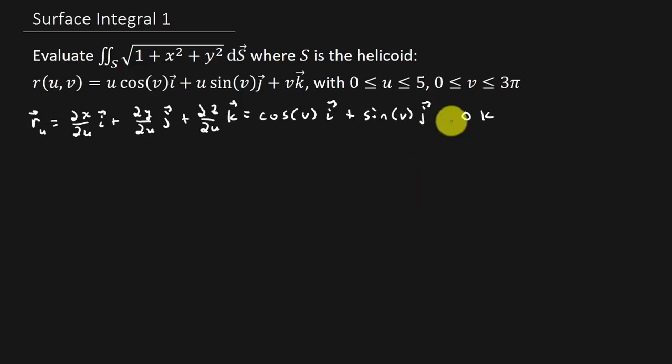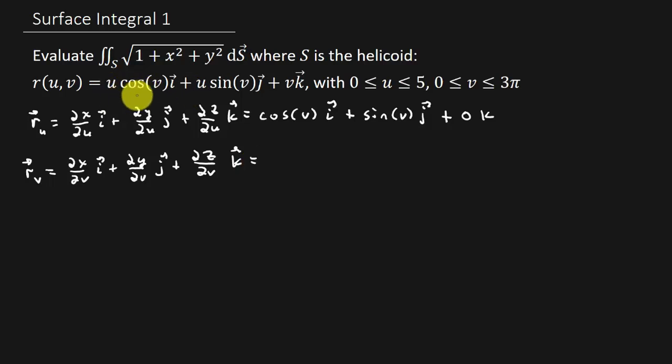And then we need to find RV. So that's the partial of x with respect to v i plus the partial of y with respect to v j plus the partial of z with respect to v k. So we're taking the partials here with respect to v. This is going to be negative u sine v i plus u cosine v j plus 1k.